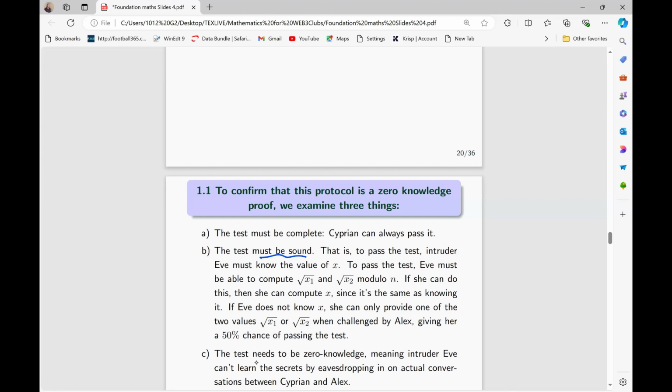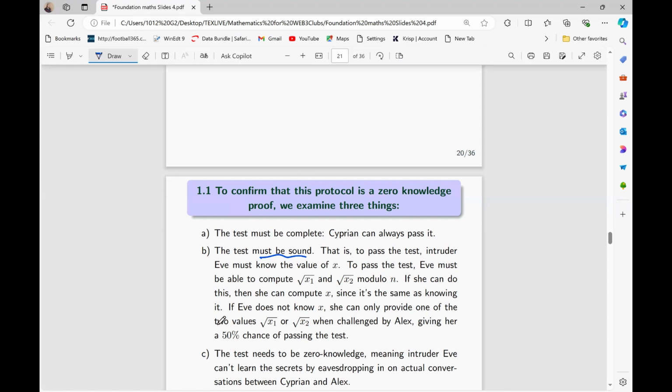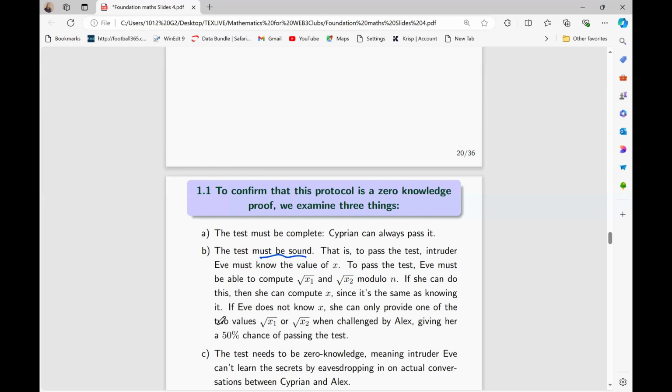The intruder may get some questions correct, but there are other questions the intruder will fail. Of course, the intruder will only get 50% correct and then fail 50%. So that's what we mean by the test being sound.